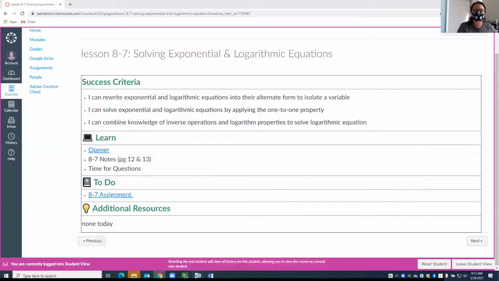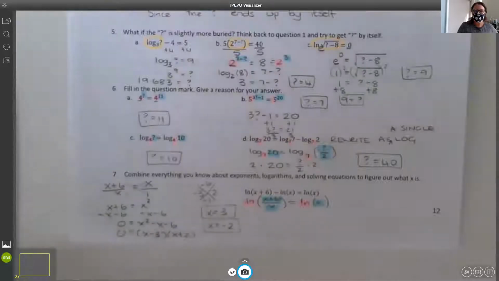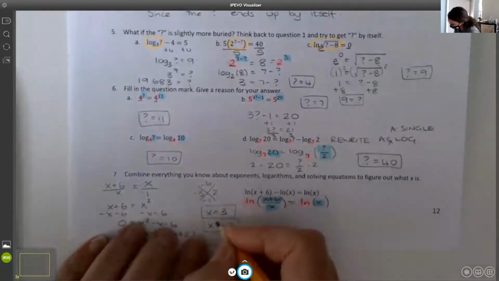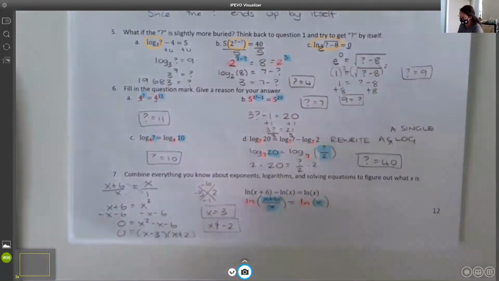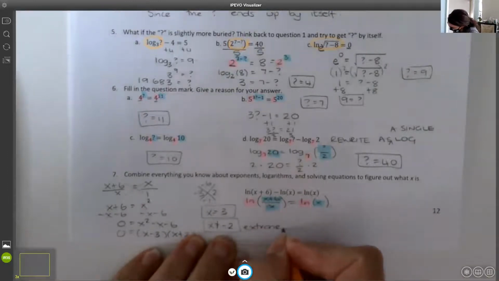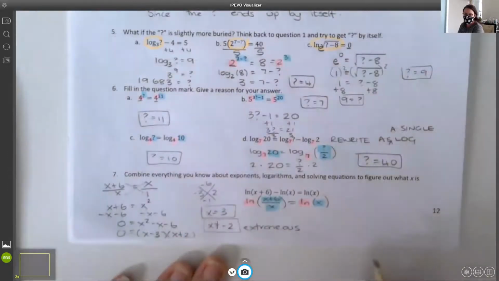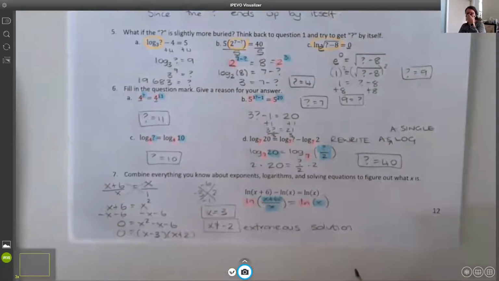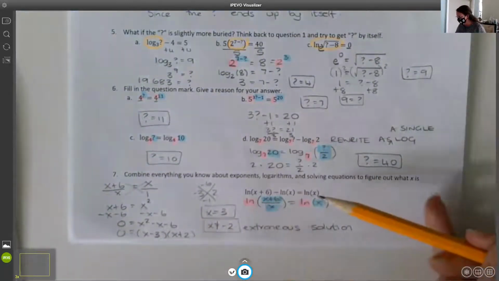So sometimes when you do these algebraically, you get what's called an extraneous solution. And x equals -2 is extraneous. It basically means it's kind of an extra solution that you get from solving it algebraically. However, it doesn't really work when you substitute it back into the equation.